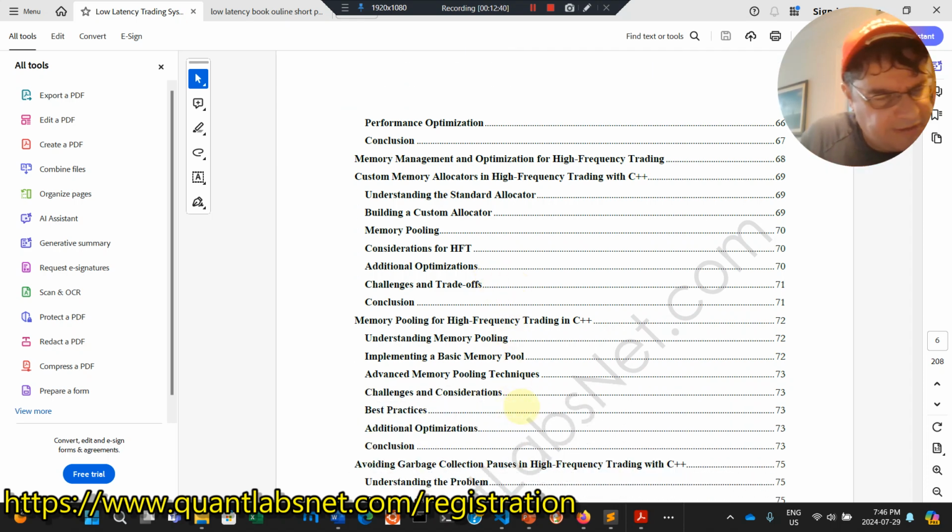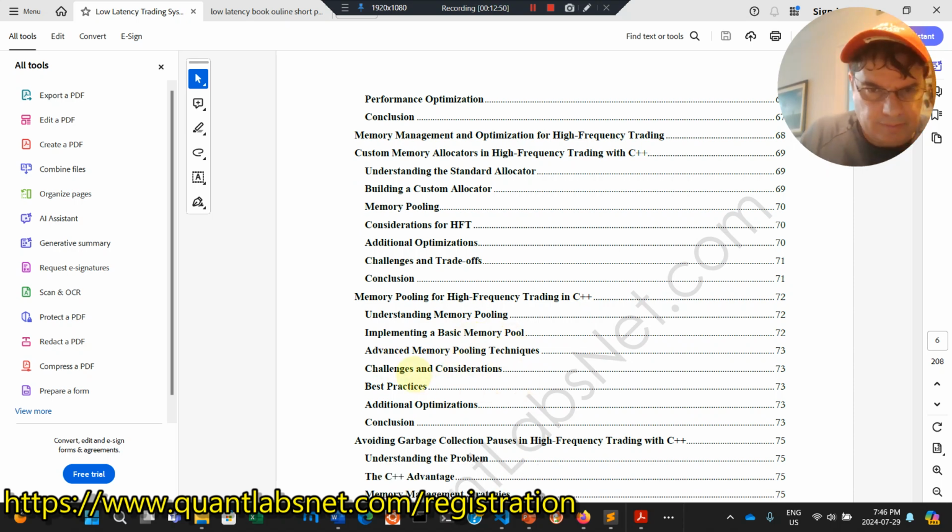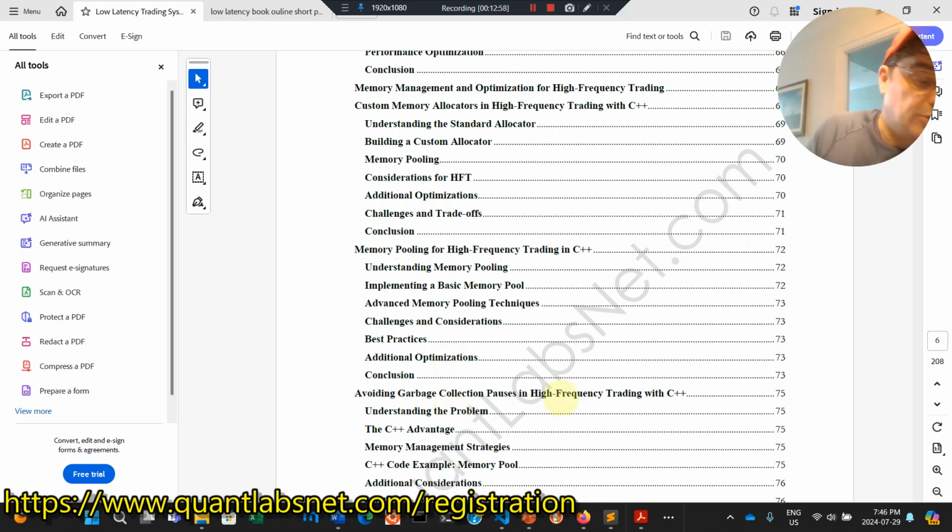So again, we get more specific here, memory pooling for HFT and C++. We understand the basic memory pool, the memory pool techniques, challenges, and considerations, different best practices that are out there, and the additional optimizations.